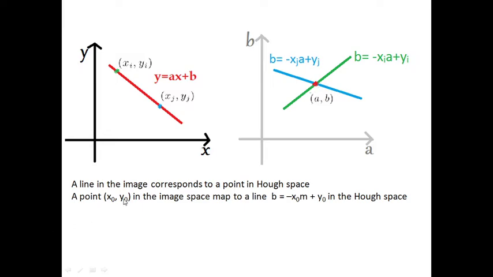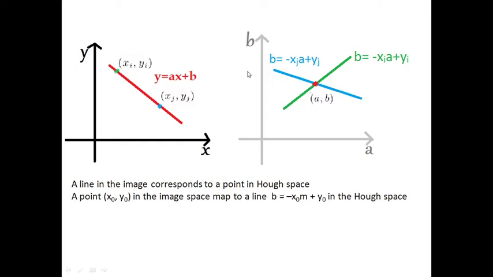Points like x0 y0, or xi yi, or xj yj, whatever the point may be, in the image space are mapped to a line in the parameter or Hough space.